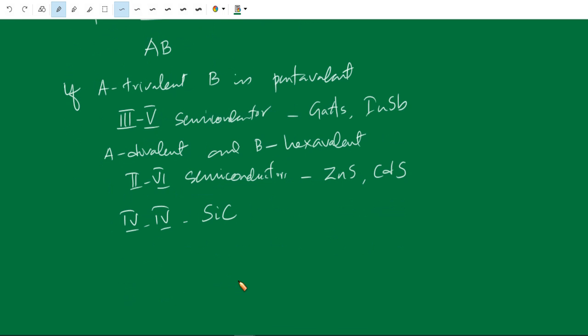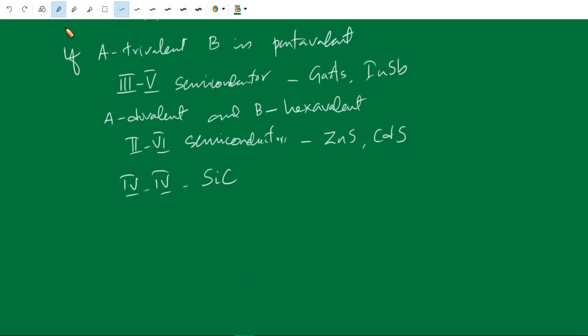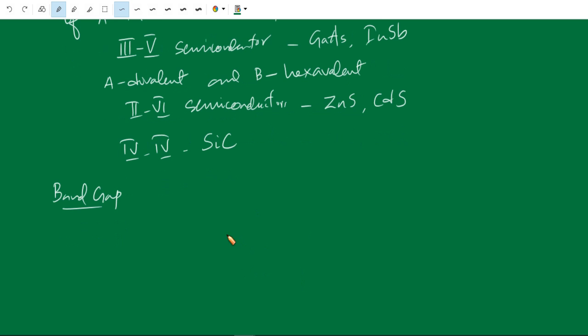Next we can talk about the band gap. Materials can be classified in terms of band gap as well. So what is the band gap? Band gap is the energy between the lowest energy of the conduction band, and the valence band of electrons.